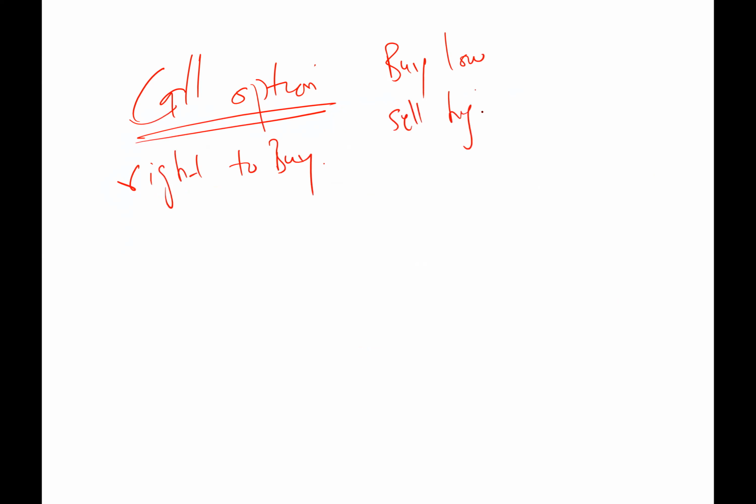Buy low, sell high, right? So you enter into a call option with some time t. When you enter into the call option, the spot price was 1, and your contract price or strike price is 1.2, right? At expiration, the spot price is 1.5. A call option is in the money when you get some profit, right?